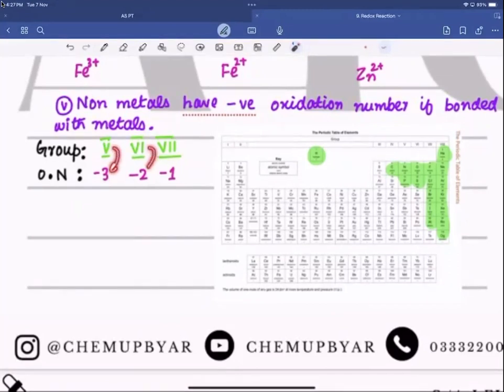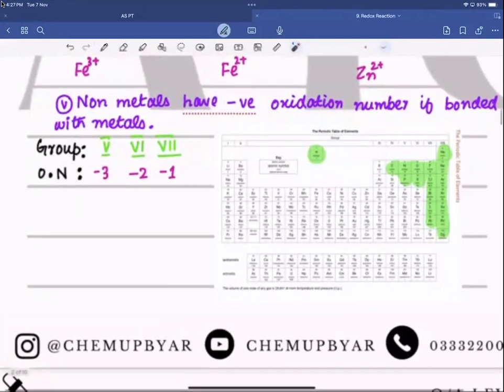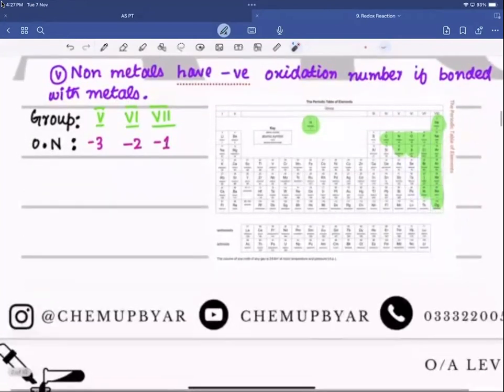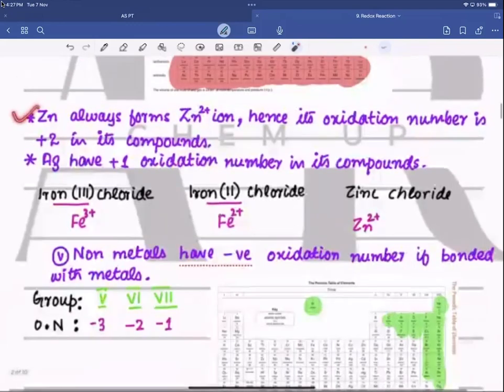If the non-metal is from group 6, its oxidation number is -2, and if the non-metal is from group 7, its oxidation number is -1. You guys have noted down these points as well?